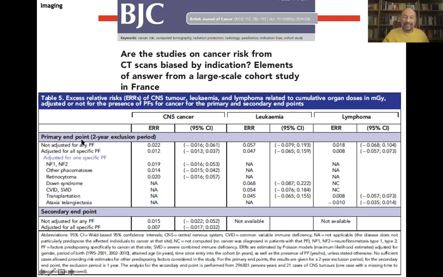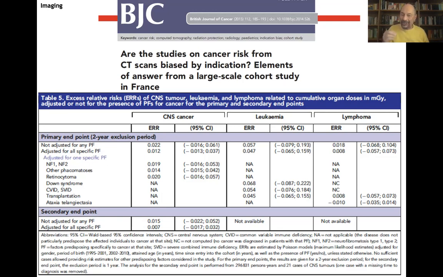The problem here is that if you consider the excess relative risk for CNS tumor and you make the adjustment for prognostic factors, for predisposing factors, let's say, essentially this means that if you make a CT scan, generally you have a reason.